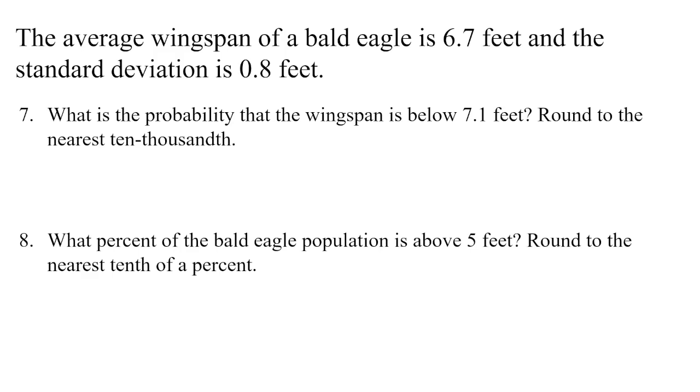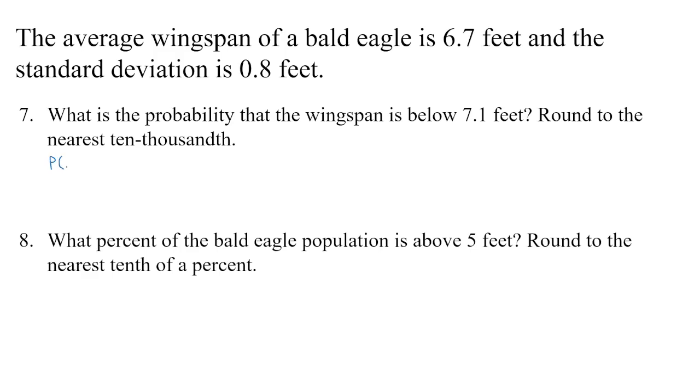So now let's take a look at these two examples. It says here the average wingspan of a bald eagle is 6.7 feet and the standard deviation is 0.8 feet. What is the probability that the wingspan is below 7.1 feet? Round to the nearest thousandth. So what you may want to do is write it out first.